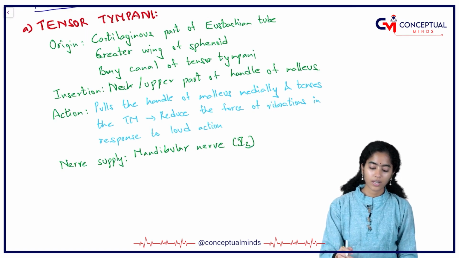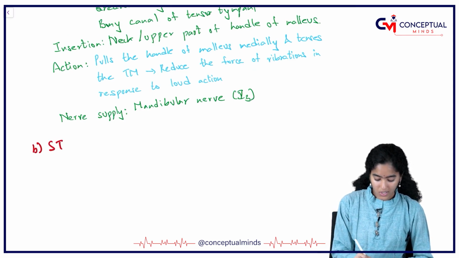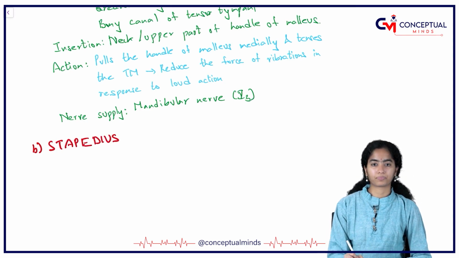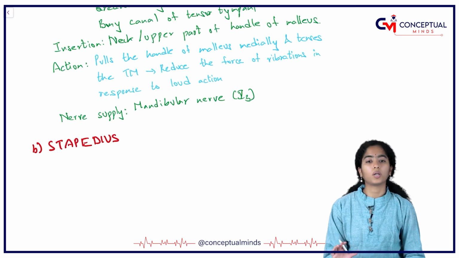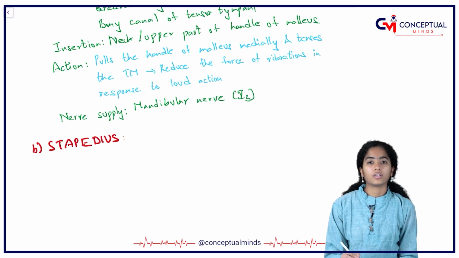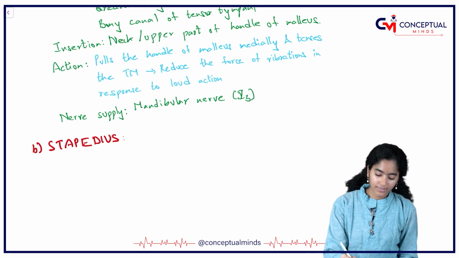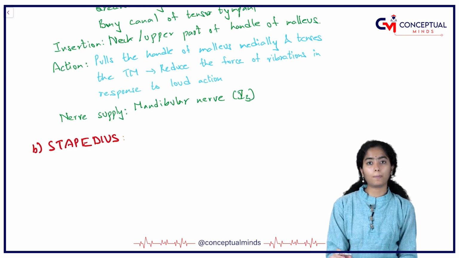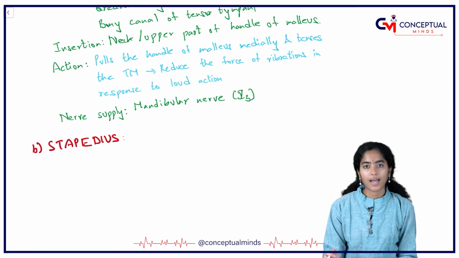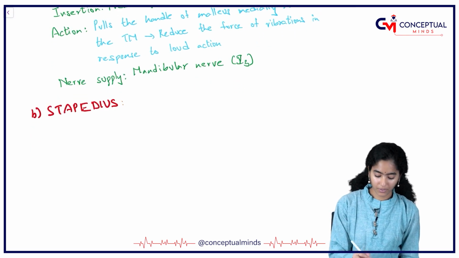Okay. The next muscle in middle ear is stapedius muscle. Stapedius. This is a very small muscle. And once again, if you remember the anatomy, the boundaries of middle ear, while studying about the posterior wall of middle ear, we have studied that there is a bony projection called pyramid on the posterior wall, and that bony projection gives origin to stapedius muscle.